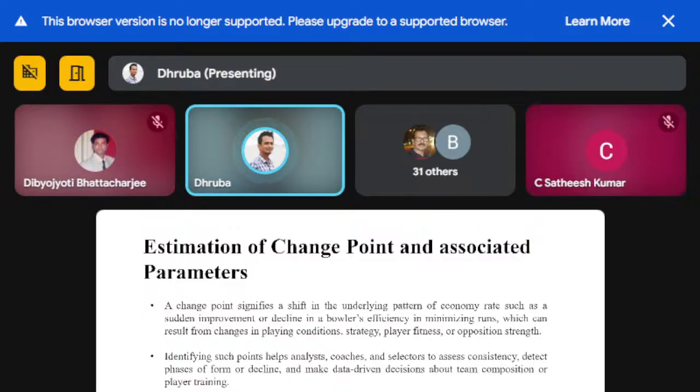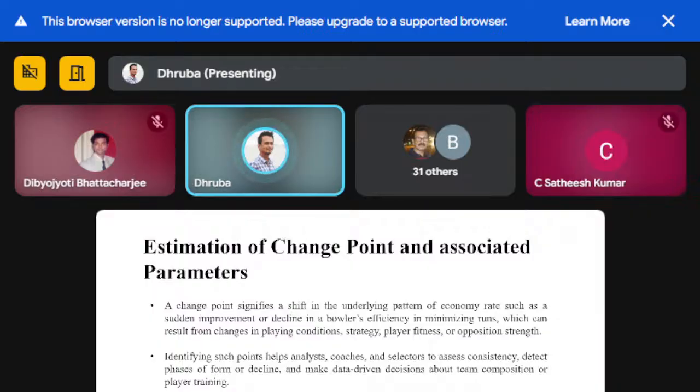A change point signifies a shift in the underlying pattern of economy rate, such as a sudden improvement or decline in a bowler's efficiency in minimizing runs, which can result from changes in playing conditions, strategy, player fitness, or opposition strength.